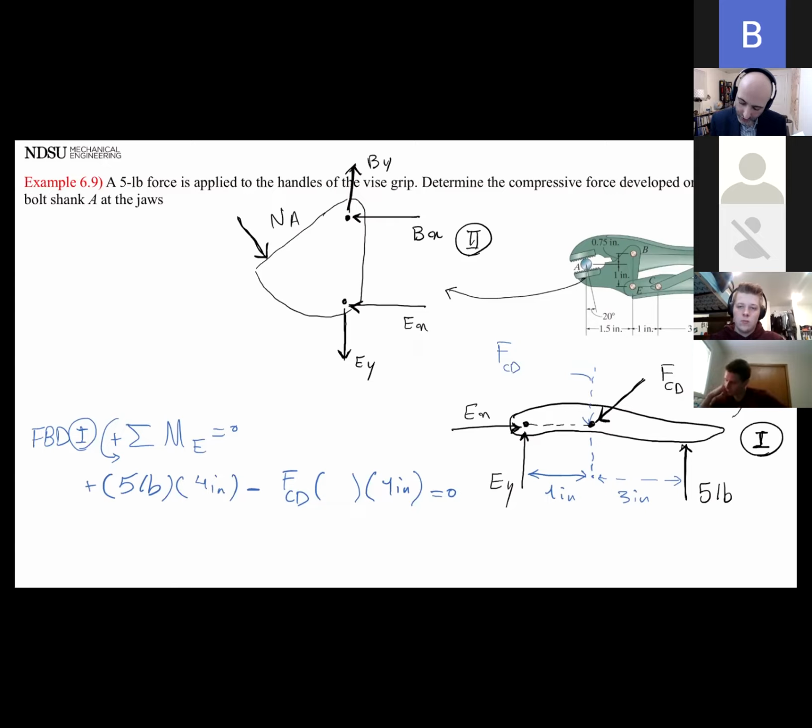So you got to look for the triangle, right? This is 3. This is 1.75, isn't it? It's 1.75. So it's going to be 1.75 over, oh yeah, plus 3, whatever that is.